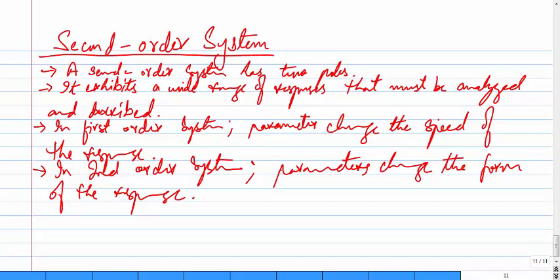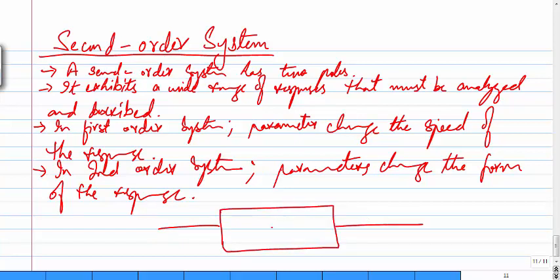So how does this happen? Now it's better to start by looking at the poles and zeros of the system. So normally for second order system, how does the block diagram look like? If I want to write a standard form, we have s square, that means that you are talking about second order system, plus b.